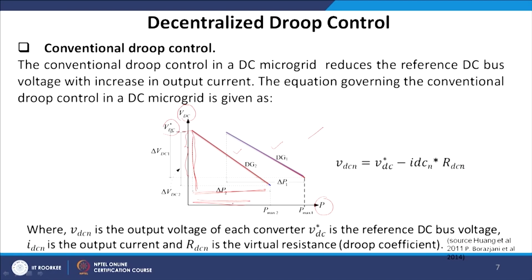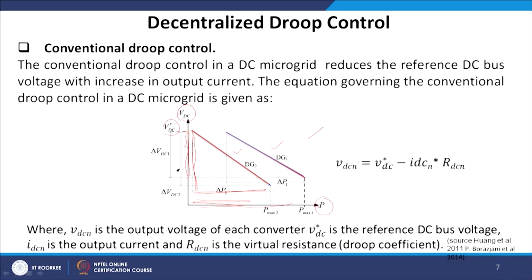One thing is very clear: if the load current is more, if the power extracted from the system is more, then certainly there is a drop in voltage. So, if the load current is high, I can certainly conclude that the voltage is going to drop.